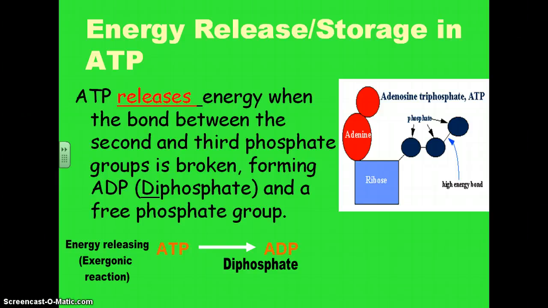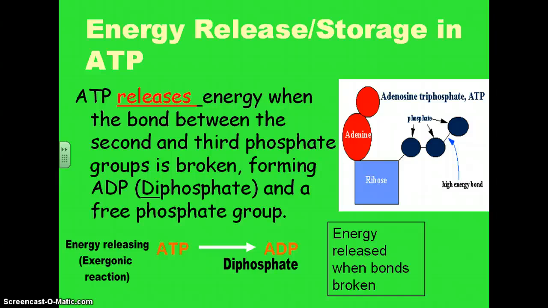It's an energy releasing reaction. Energy exits the reaction, exergonic. And so when energy is released, when bonds break, that's exergonic, energy releasing. So going from ATP to ADP plus a phosphate group is an example of an exergonic reaction.